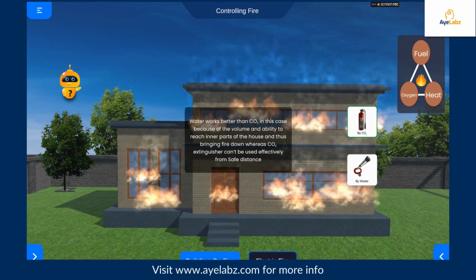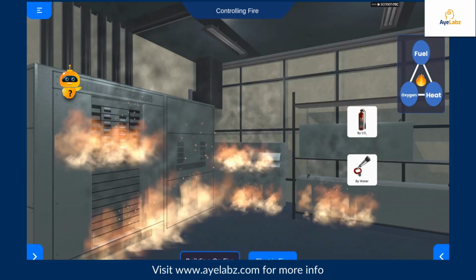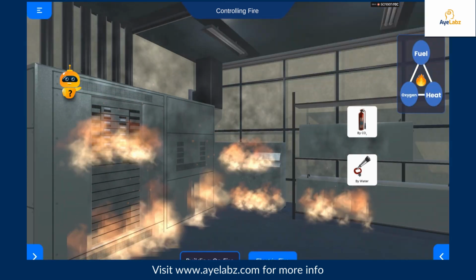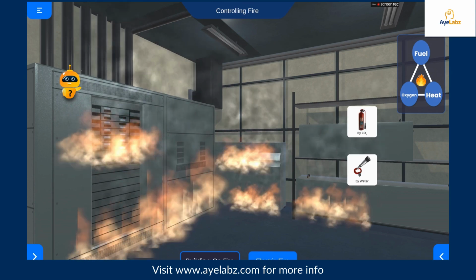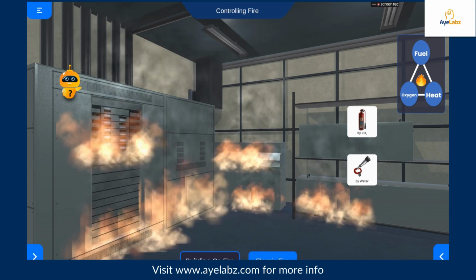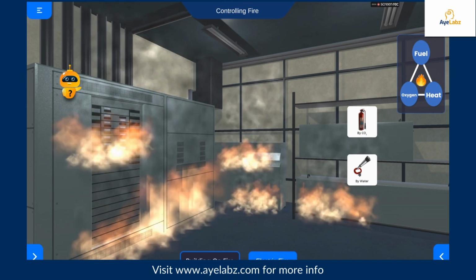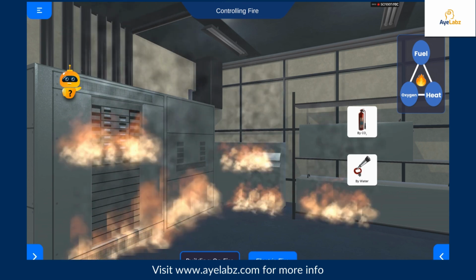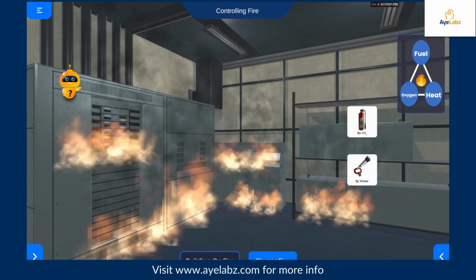What about electric fire? For electric fire, water would be disastrous. Instead, we can use CO2 or a dry chemical extinguisher, which cuts off the oxygen without risking electrical shocks.